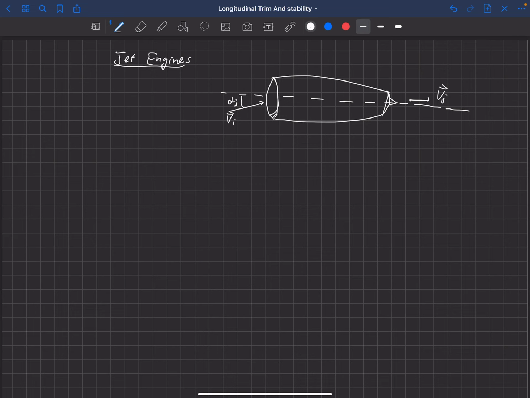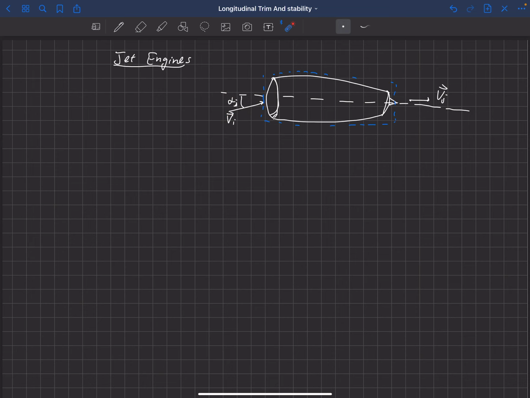So if we were to do a force balance around this volume here, we'd find that because the flow can be coming in at a different angle to the jet than it leaves at, it exerts not only the normal thrust along the axis that we're used to thinking of for a jet engine, but it also creates a normal force, just like a propeller.